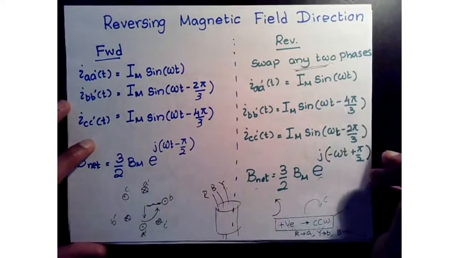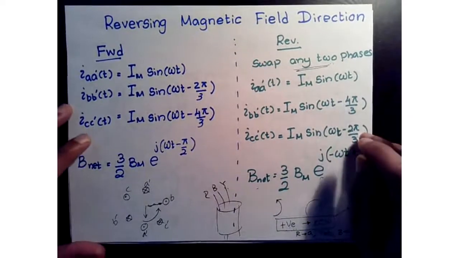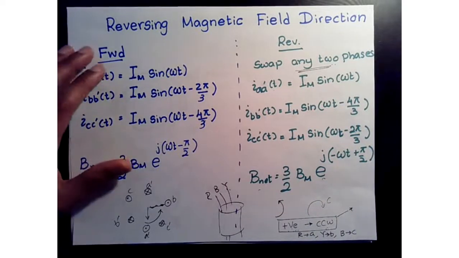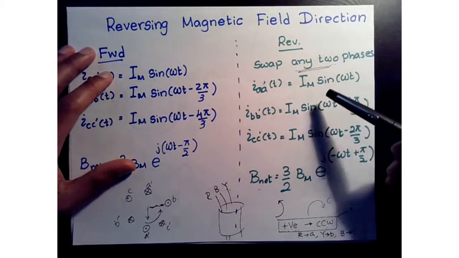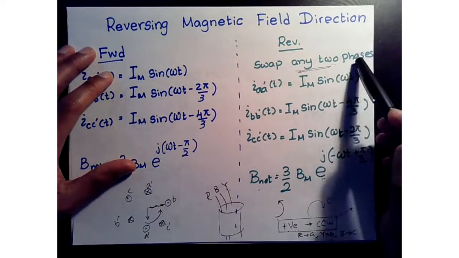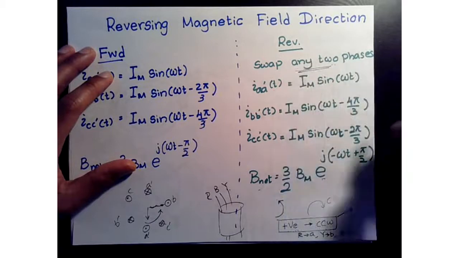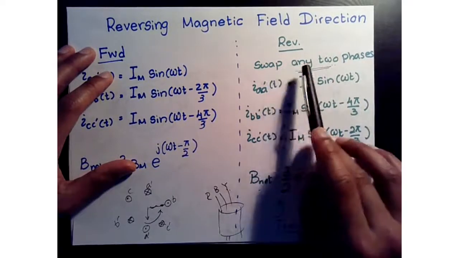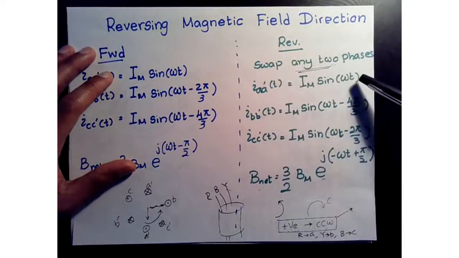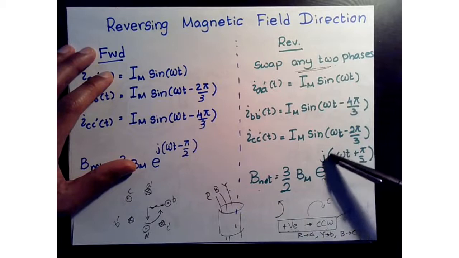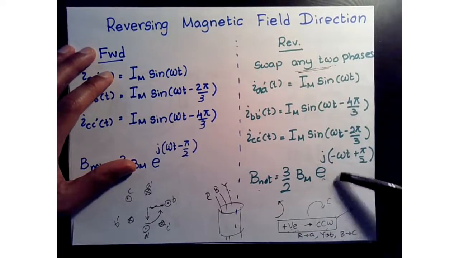Now for a motor, it's practical to reverse direction, and we need to understand how that can be achieved. That can be achieved very simply by swapping any two phases. So for example, if you switch any two phases, you will see that your magnetic field now has a negative sign.